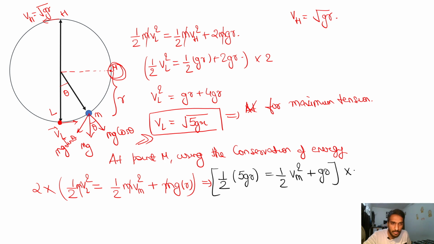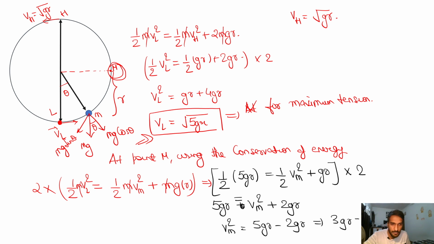And I've multiplied the whole equation by 2, so I will get 5gr equal to vM square plus 2gr. So vM square is equal to 5gr minus 2gr, which gives 3gr, which gives vM equal to root 3gr, right?